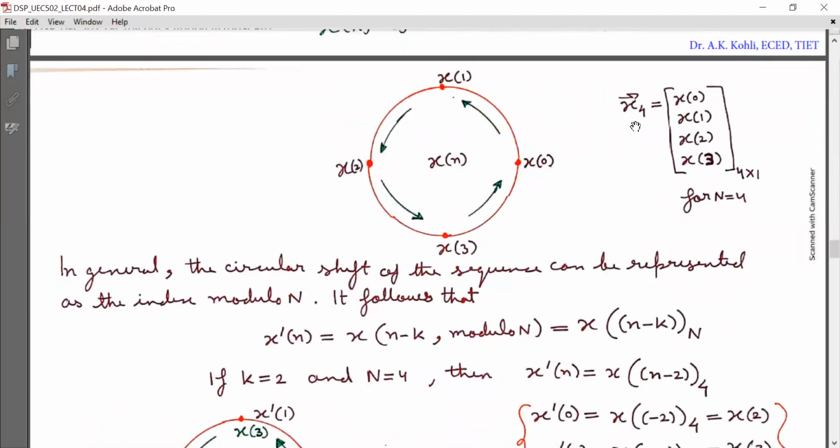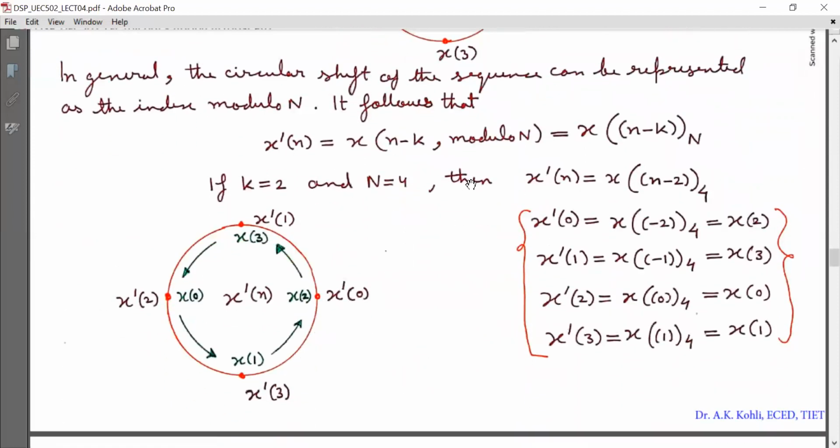Say the small x vector has dimension 4 cross 1, having 4 elements. I will represent it in a circular fashion in the counterclockwise direction. Here, this point indicates n is equal to 0, this point n is equal to 1, then 2, and n is equal to 3. So this is x0, x1, x2, and x3 in the counterclockwise direction.